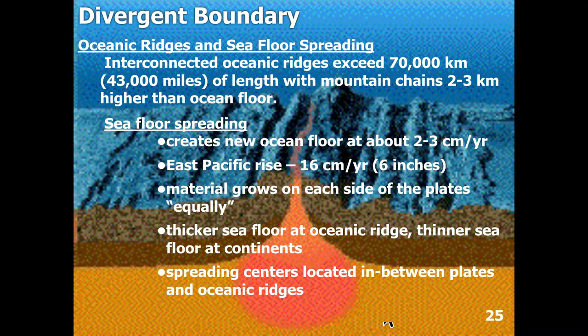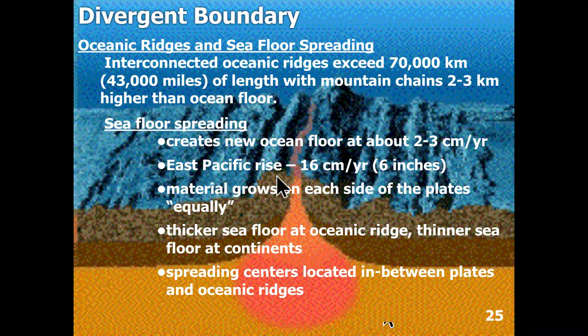In fact, at least once or twice a year, the west coast of South America will experience some pretty heavy-duty, high-magnitude earthquakes as a result of this fast-moving 16 centimeter per year plate.